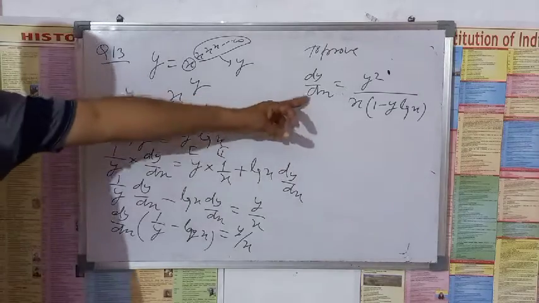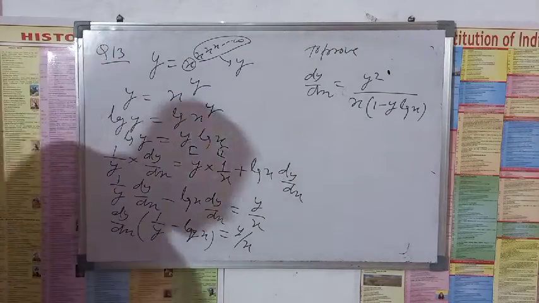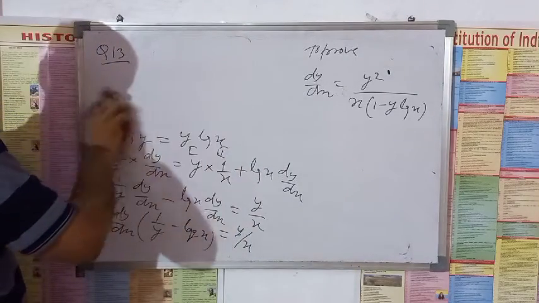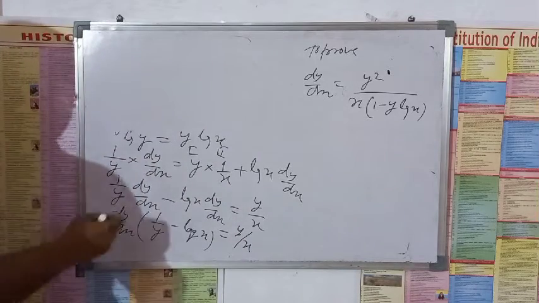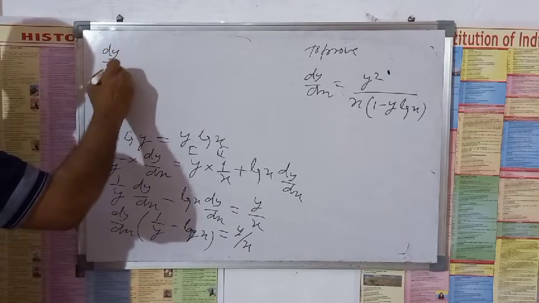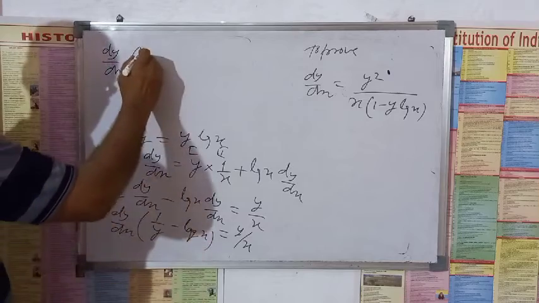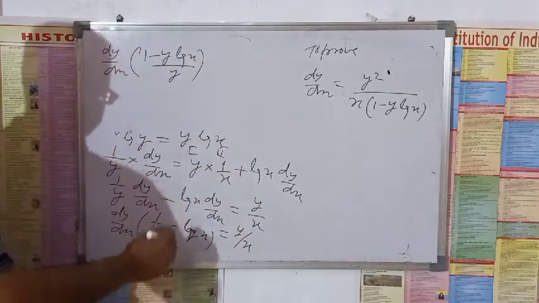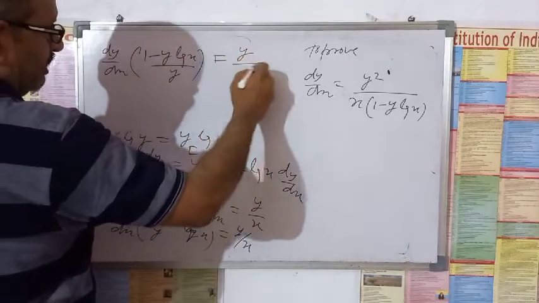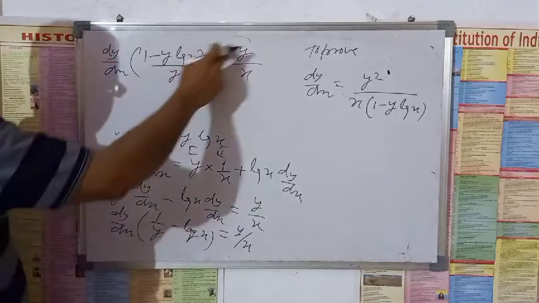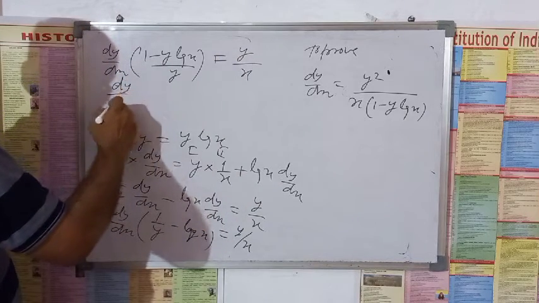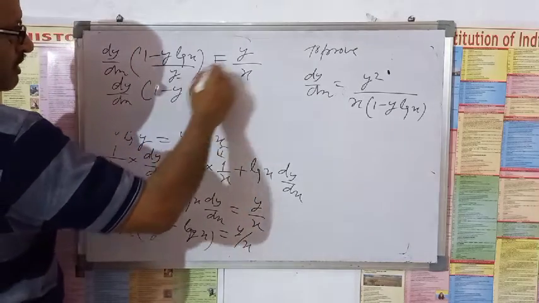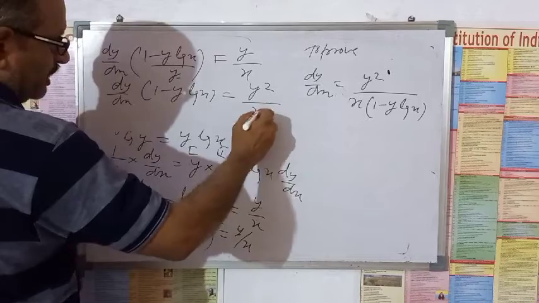We have to prove this one, so simplify it. dy by dx, take the LCM, 1 minus y log x upon y is equal to y by x. Cross multiply by y. So dy by dx into 1 minus y log x is equal to y into y square by x, that is y square upon x.